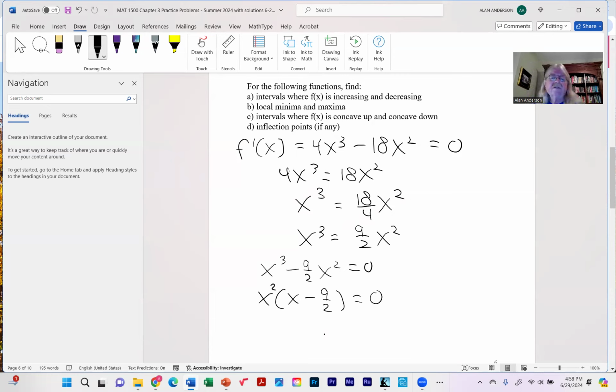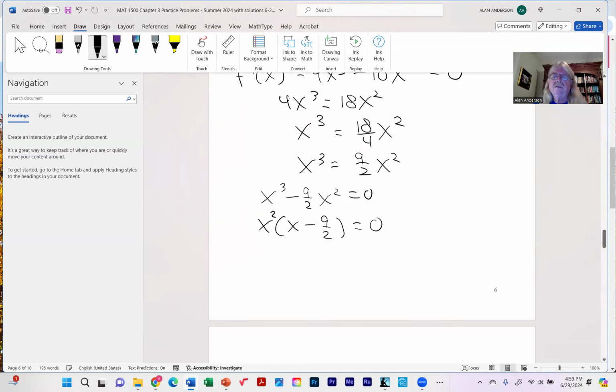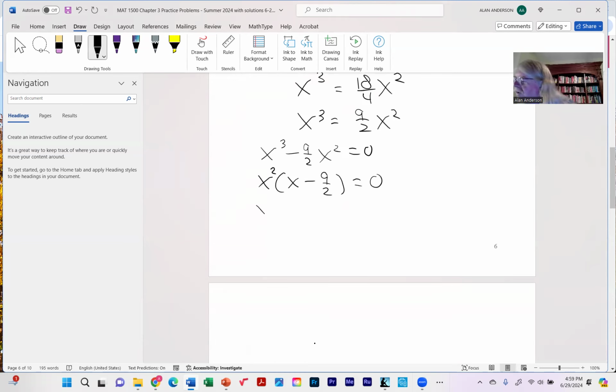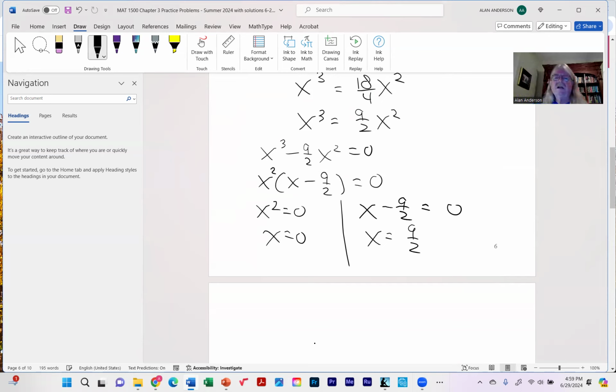Now, why are we doing this? Because then you can see that if this product equals 0, it must be true that if x squared equals 0, this product will equal 0. And if x minus 9/2 equals 0, the entire product will equal 0. So that implies that 0 and 9/2 are the critical points.